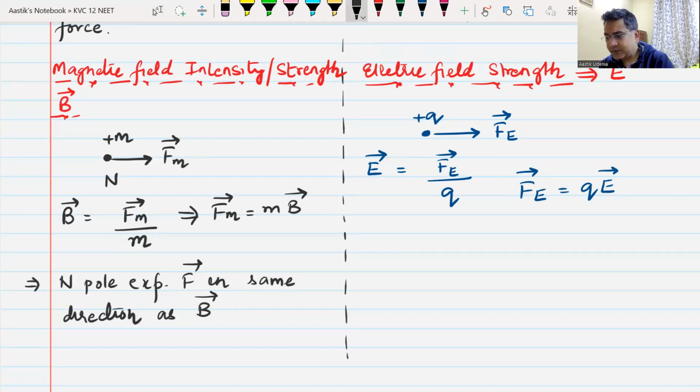What can we write here? Can we write anything here? A charge experiences force. Take a deep breath. See what I have written and then try to do the same thing there.